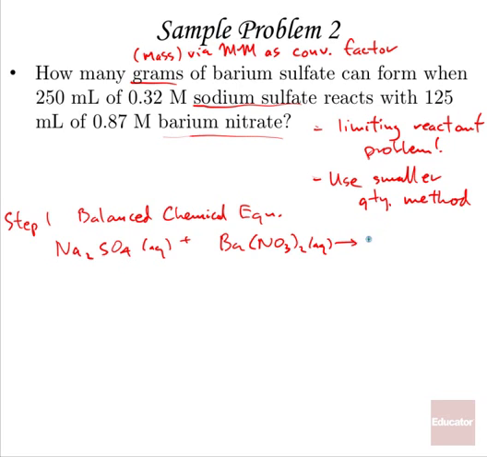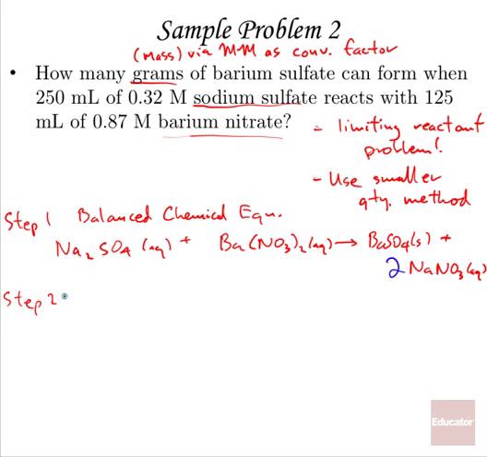And that's going to go on and form barium sulfate solid and sodium nitrate aqueous. All right, let's go ahead and balance this guy. So I'm going to be needing 2 of those, everybody, for our balanced chemical equation. All right, step 1 is complete.